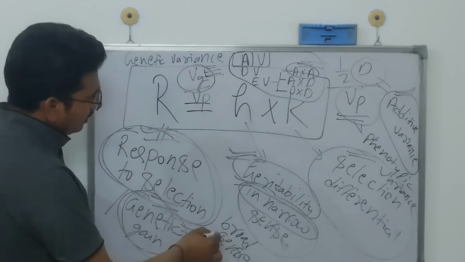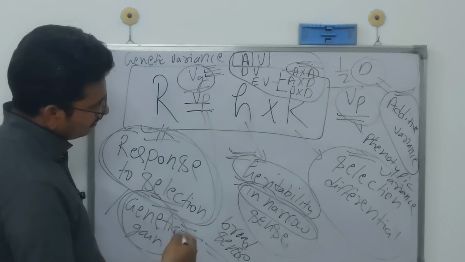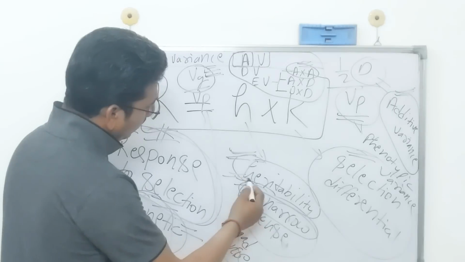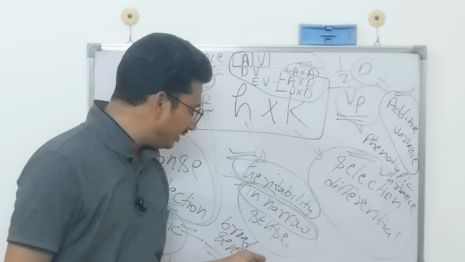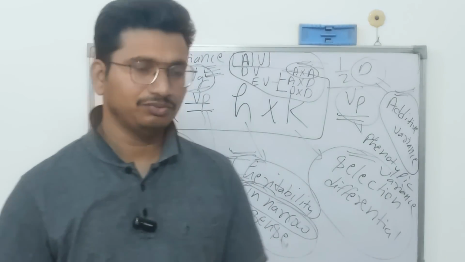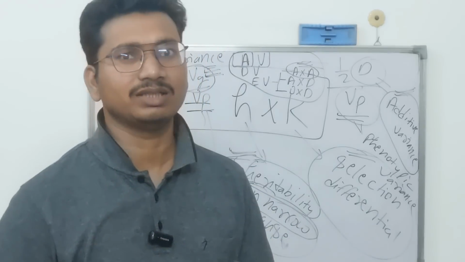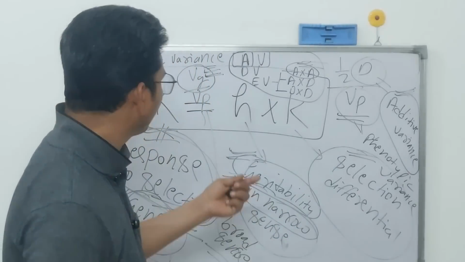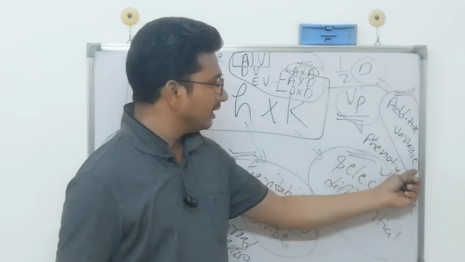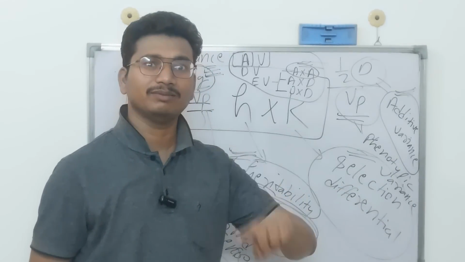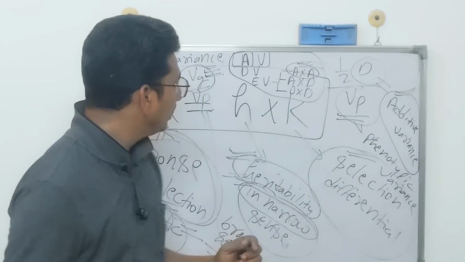So heritability in broad sense will always be greater than heritability in narrow sense. Heritability in narrow sense will always provide a reliable result because it is due to additive variance, and additive variance is always heritable and fixable in nature.